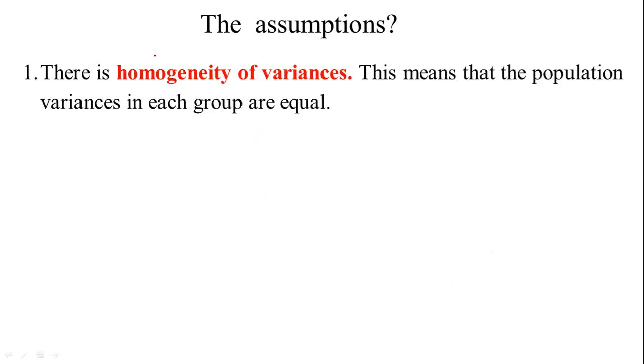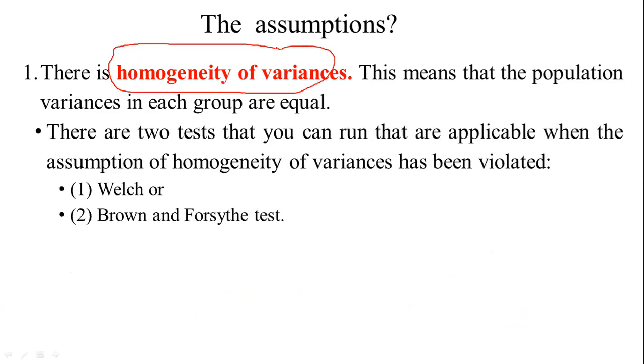Also, when we were looking at the other tests, the t-tests, we talked so much about homogeneity of variance. So in this test also, you are supposed to make sure that your data is homogeneous. This means that the population variances in each group are equal. There are two tests that you can run that are applicable when the assumption of equal variance has been violated.